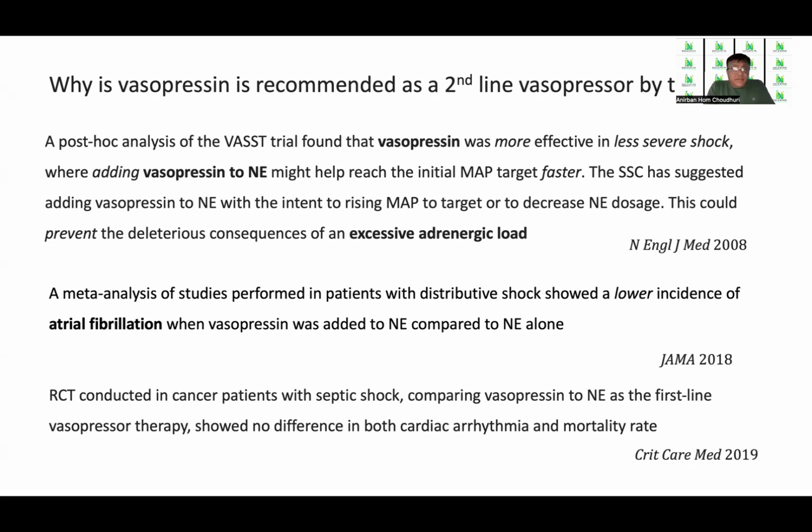Now, a meta-analysis of studies performed in patients with distributive shock shows a lower incidence of AF when vasopressin was added to norepinephrine versus norepinephrine alone. And another RCT conducted in cancer patients with septic shock, comparing vasopressin to norepinephrine as the first-line vasopressor therapy, showed no difference in both cardiac arrhythmia and mortality.